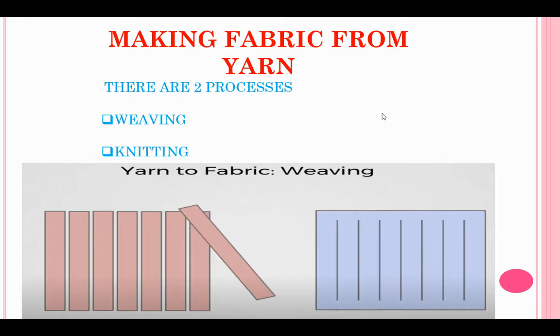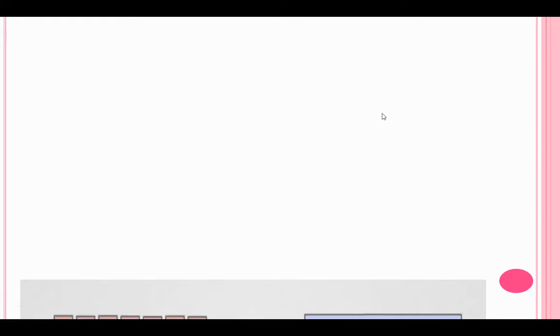Making fabric from yarn, right? So today we will go for one more activity, that is the knitting process. So what is this knitting process? Let me show you the picture of the knitting process.